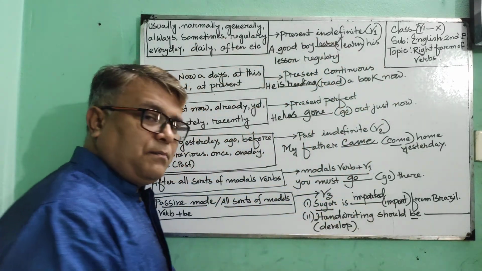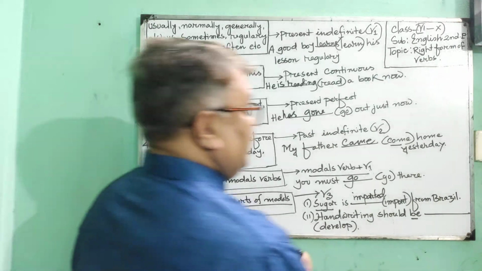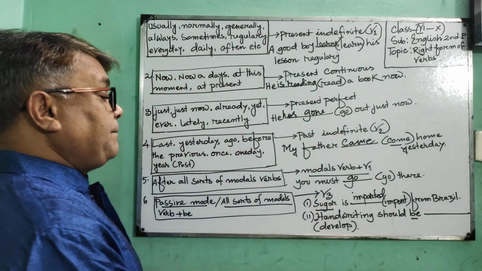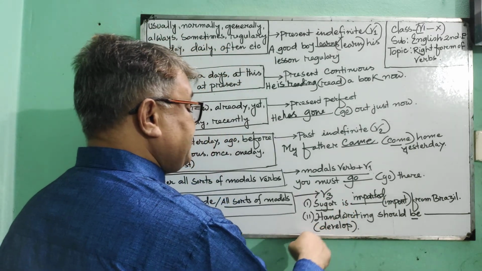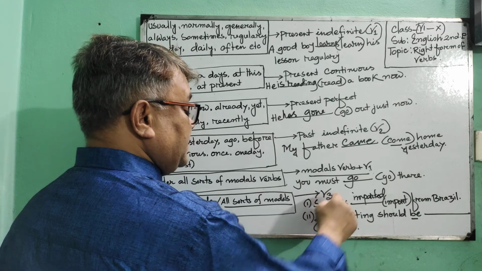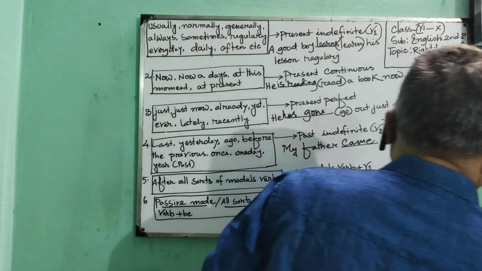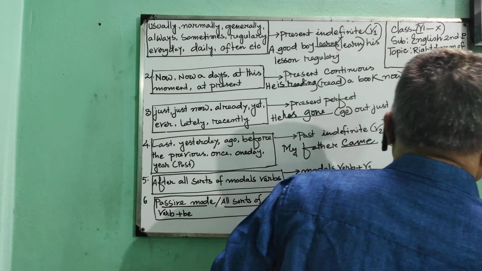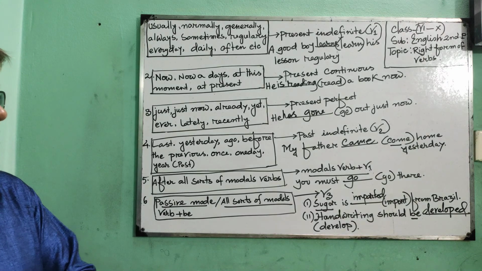If you find modal verb plus be, you have to make the past participle of the principal verb, that is V3. That means handwriting should be developed. Have you understood?